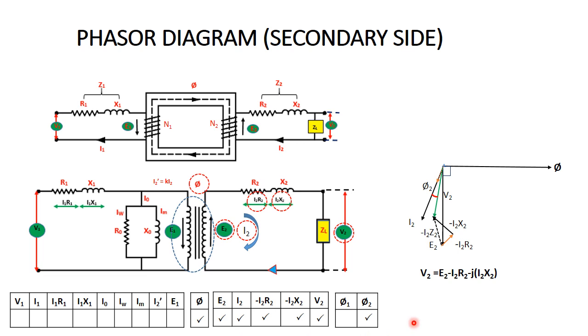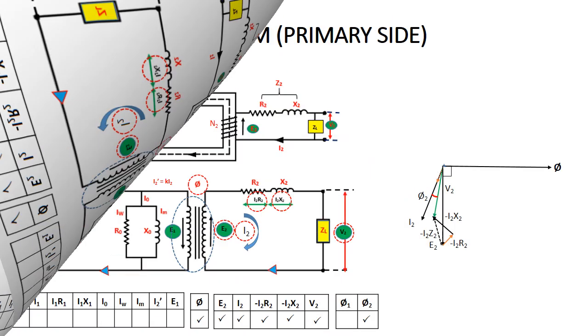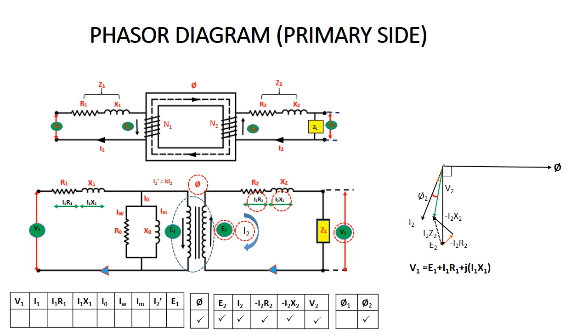Let's focus on the primary side. For the primary side, the equation is V1 equals E1 plus I1 R1 plus j I1 X1. The primary current I1 consists of I0 plus I2 dash. I0 consists of Im plus Iw. Im is in phase with phi.